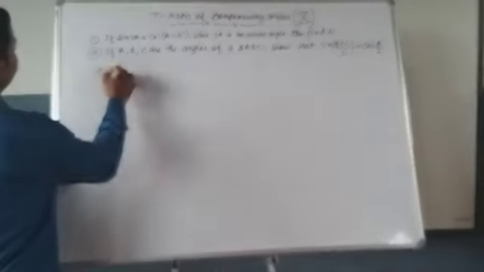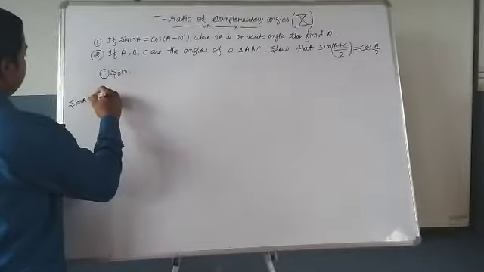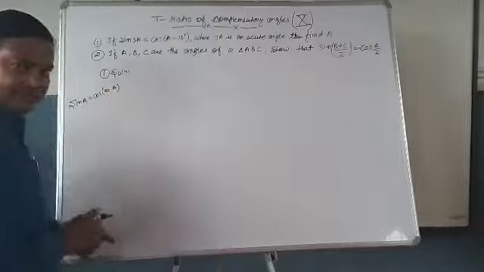So in question number 1 solution, we know that sin a equals cos (90 minus a). In place of a, we have 3a here.